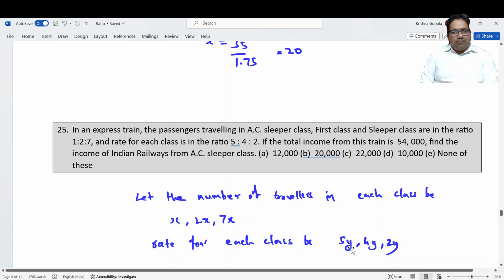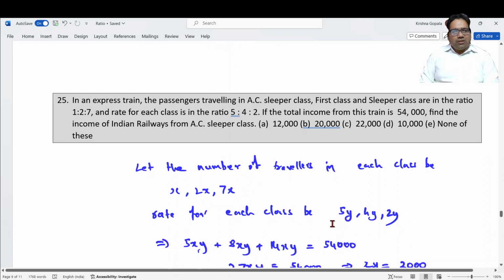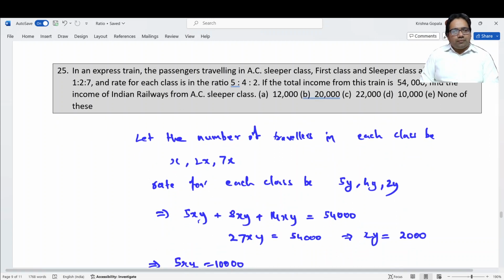We cannot take both x's because we don't know what the factor is. Here the factor could be 5, here the factor could be 10, right? Now what is the total amount, x passengers and 5y price?